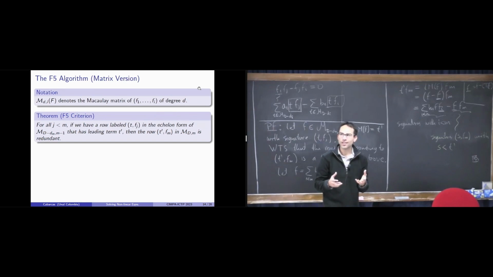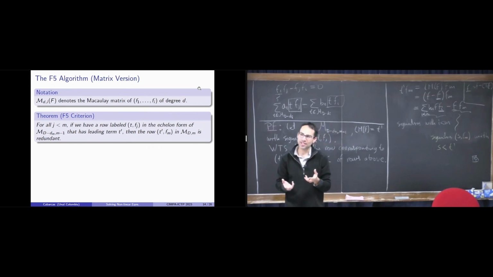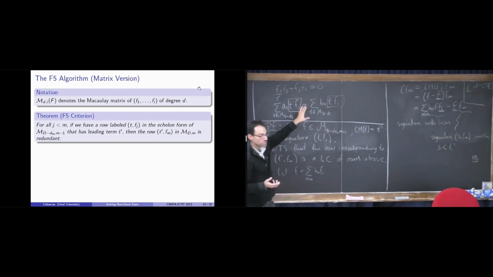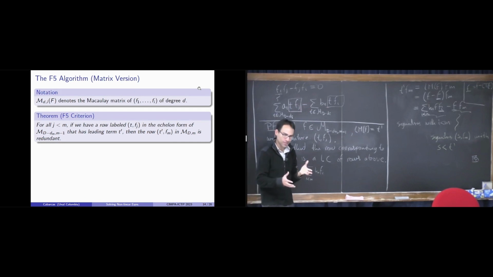And what is really impressive and really interesting is not only that you can remove some of them, but you can remove all of them. And under certain conditions of regularity, you have full rank Macaulay matrices.